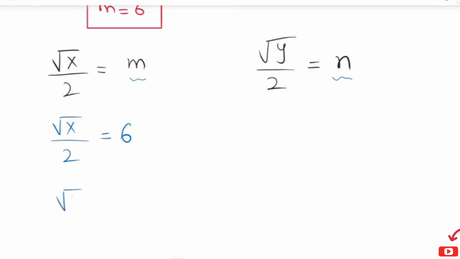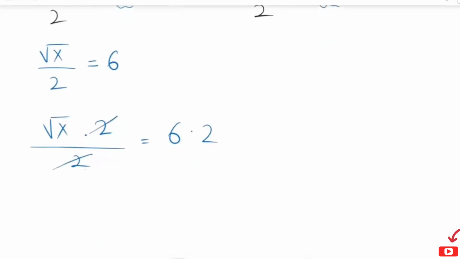Here this 2 is dividing, so it will be multiplied. This and this get cancelled. So the remaining expression I get is root x is equal to 6 times 2, which gives us 12.